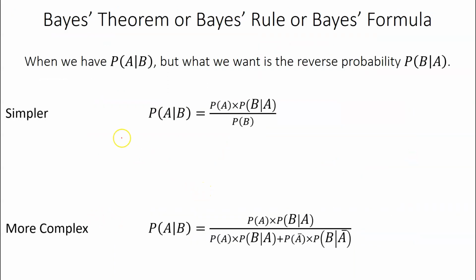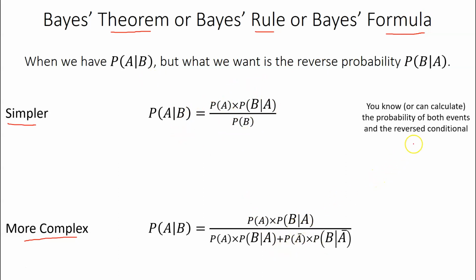So I've kind of summarized here what I call the simpler version and the more complex version. They're both Bayes' theorem, or sometimes called Bayes' rule, or sometimes called Bayes' formula. If you need to Google stuff, you could use any of these three words and you probably would have stuff popping up. The simpler one: you know or can calculate the probability of the events, so these two events here, and you know the probability of the reversed conditional.